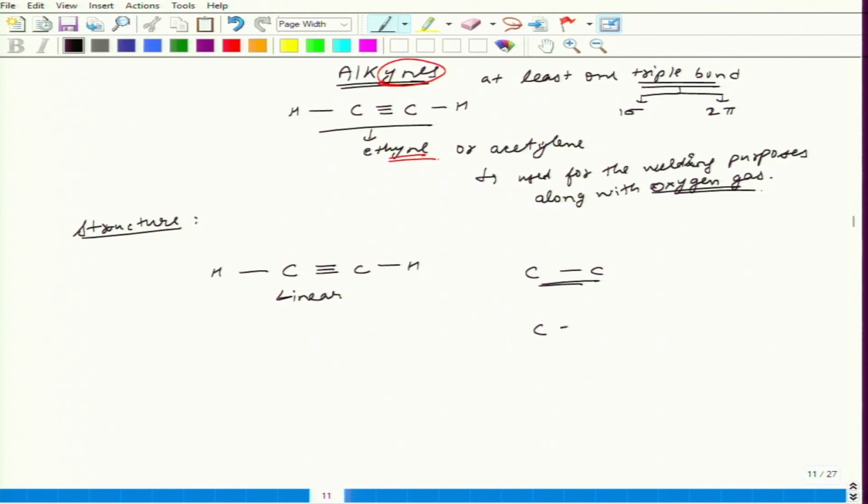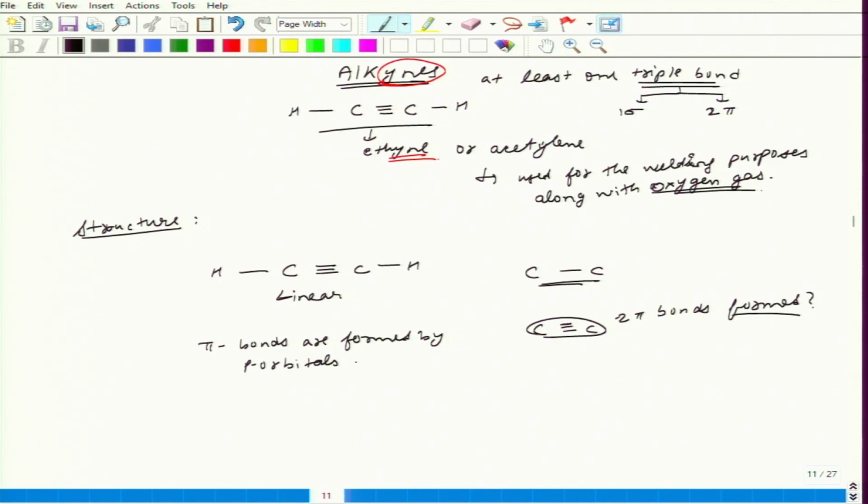Let's talk about how the 2 pi bonds are formed. The pi bonds are formed by p orbitals of carbon, right? We have previously discussed this.